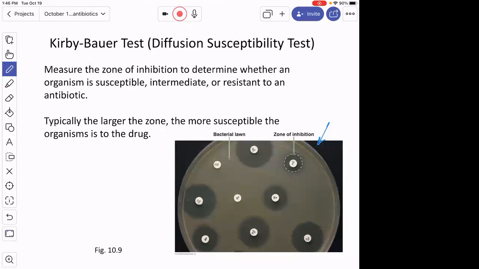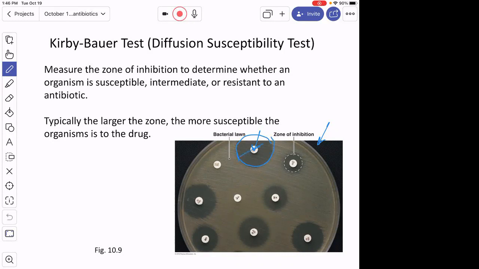So if you can isolate that organism, which may not be easy, you streak it out on a particular kind of media, because this is a very standardized test. We like to use Mueller-Hinton agar. You streak it out, and then you put the antibiotic discs on the bacterium, and then you incubate it and see how well the bacteria is inhibited by that disc.